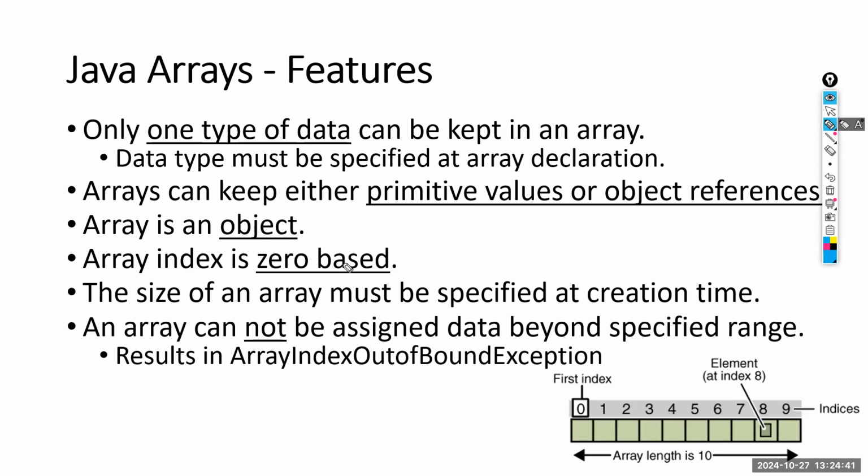Once you specify the data type, your array can have only that data type or compatible types. In some other languages, especially Python, you can keep different types of data, but in Java, you specify the type and only that type can be kept in that particular array.